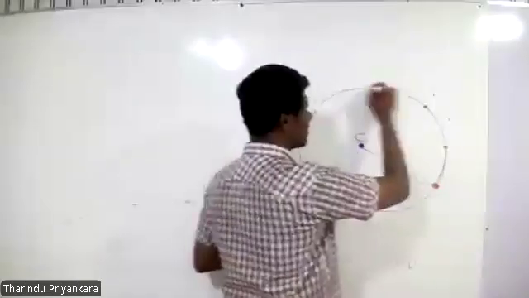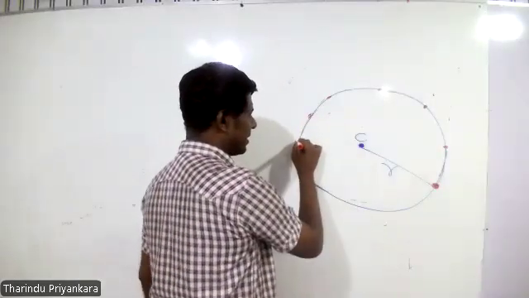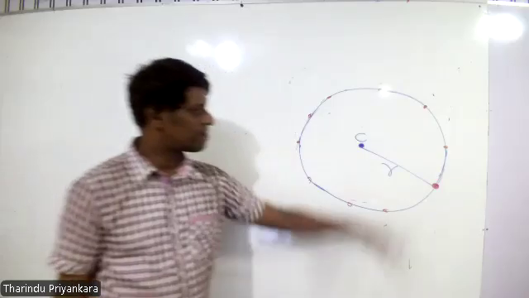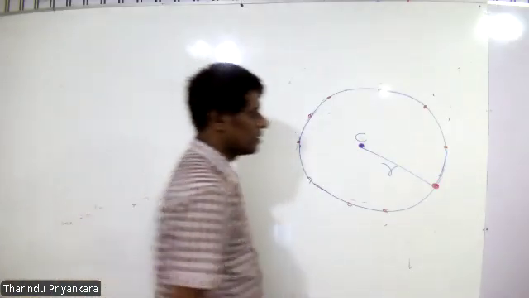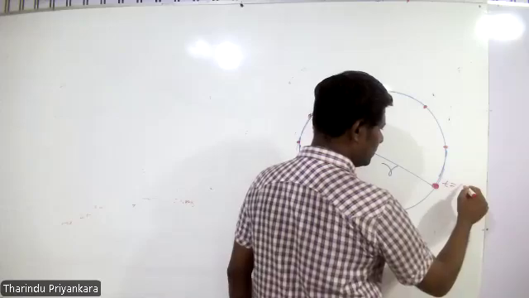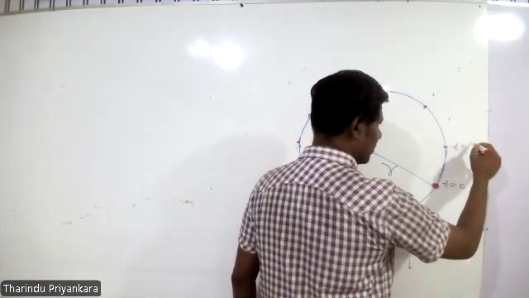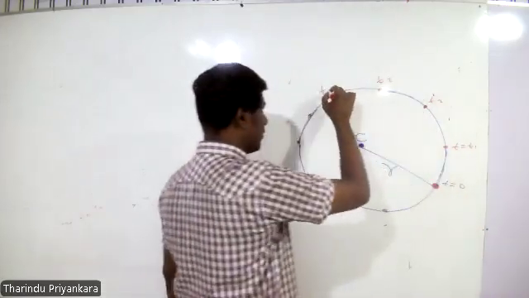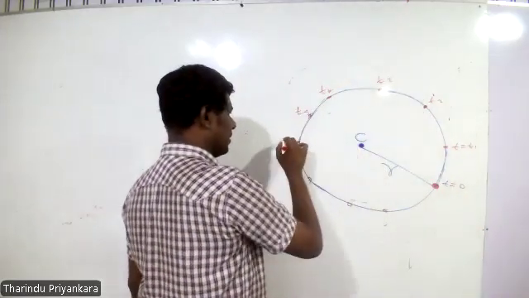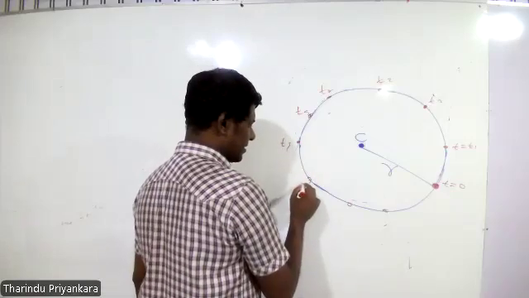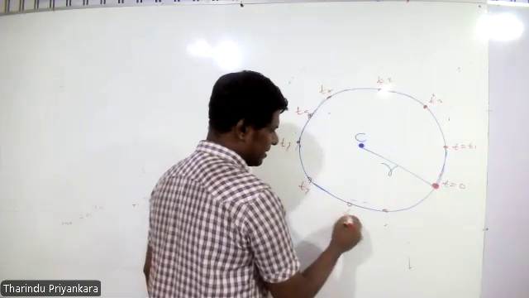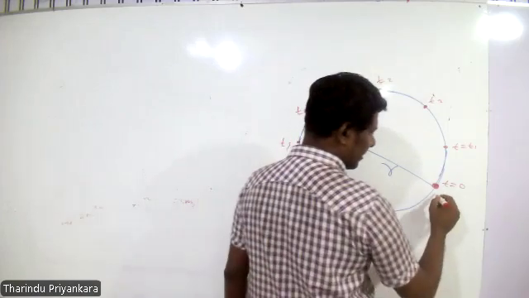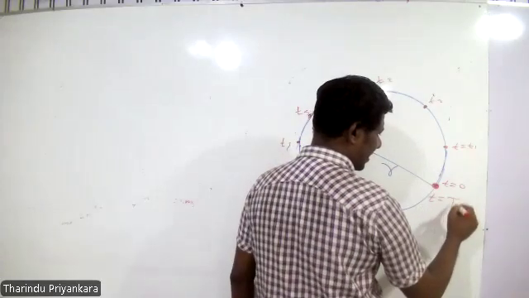Now, this object can be at any point at given times: t equals 0, t1, t2, t3, t4, t5, t6, t7, t8, t9, and t equals capital T.